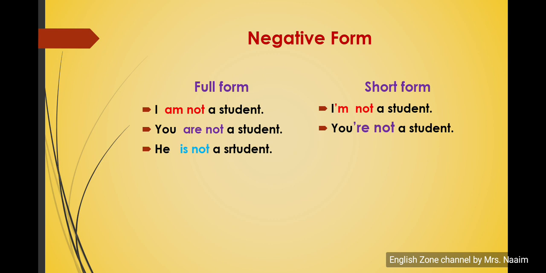He is not a student. أوكي. هنا وضعنا not بعد is. أوكي. not تكون بعد الverb to be. أوكي. والآن لنمر إلى الصيغة المختصرة. أوكي.